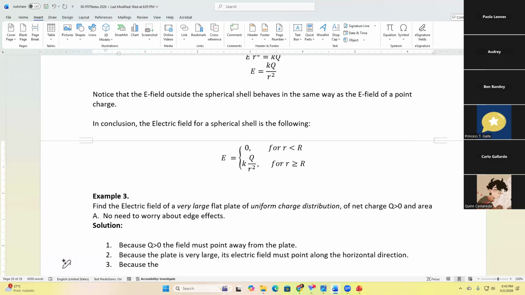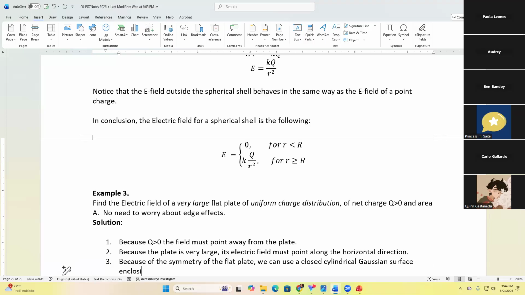Because of the symmetry of the flat plate, we can use a cylindrical Gaussian surface, a closed cylindrical Gaussian surface enclosing a small area of the plate.